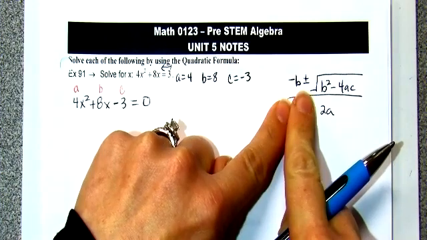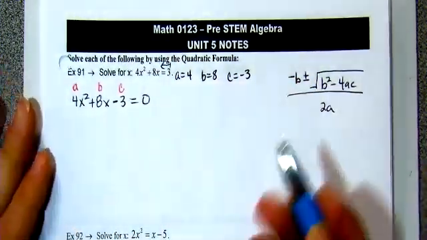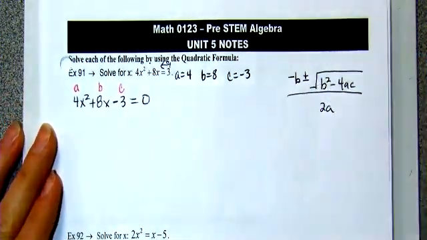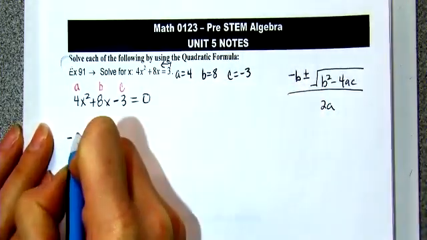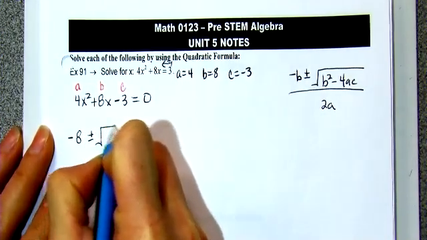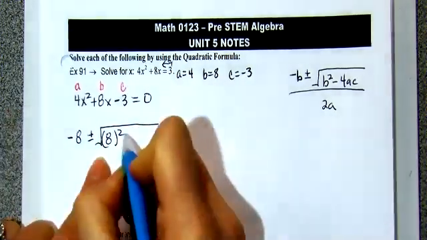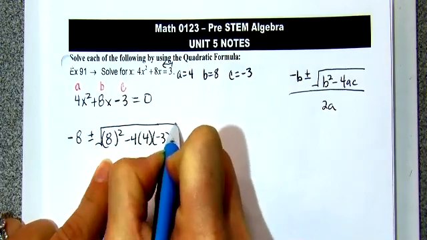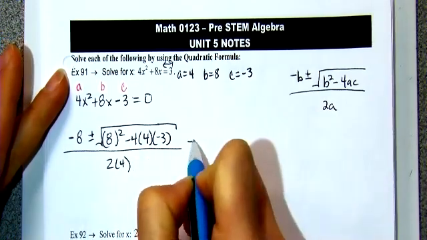So this is the values that we're plugging in. And for the most part, sometimes you can plug that all in and your calculator will do it all for you, but I really want you to be in the habit of doing the math under the radical, not in your calculator. So from the formula, we have a negative, but my B is an 8. And then we have plus or minus, and underneath the radical, we have 8, so that's my B squared, minus 4 times A, which is a 4, and C is a negative 3, all over 2 times A, and A was 4.